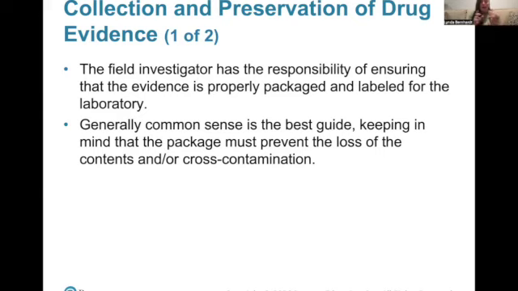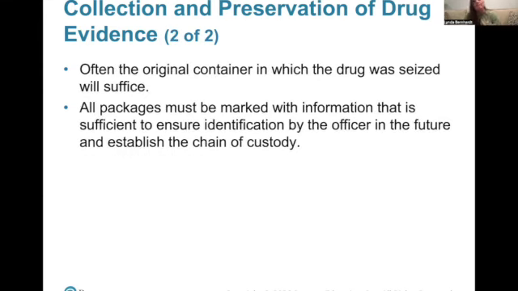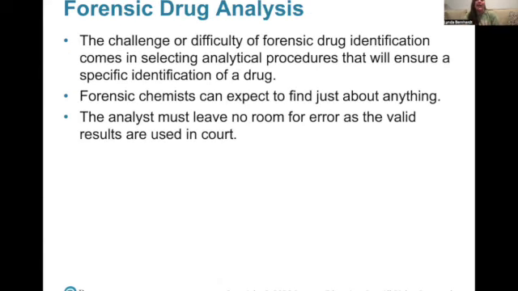You close up that baggie, you put that baggie in another baggie, and then you put that baggie into the container with the snap-on lid. So it's very secure, that kind of thing. Often the original container in which the drug was seized will suffice. I think it's good to double bag basically, and then make sure to mark everything so everyone knows exactly what it is.